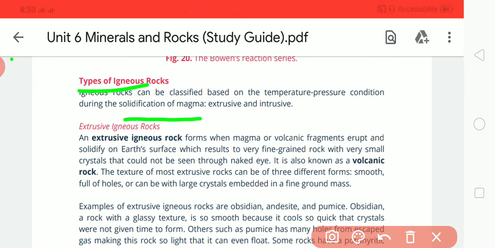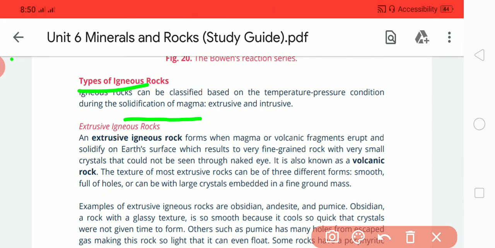When we say solidification, class, it is the moment when molten rock or magma becomes a solid rock, joining into its solid state, a solid object that we can use.